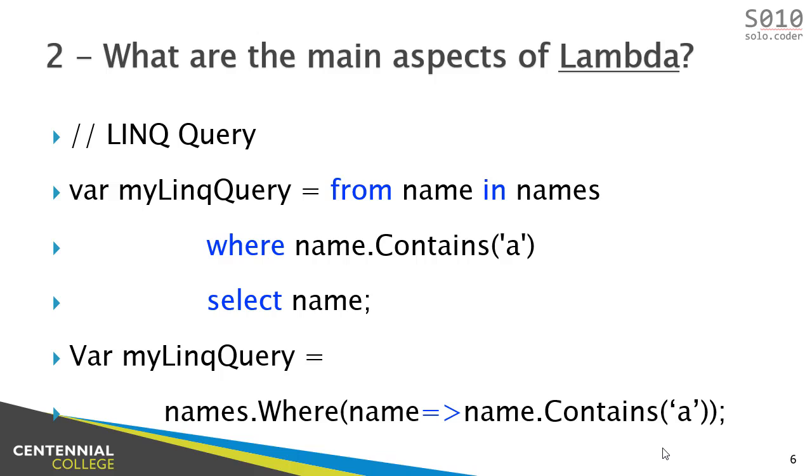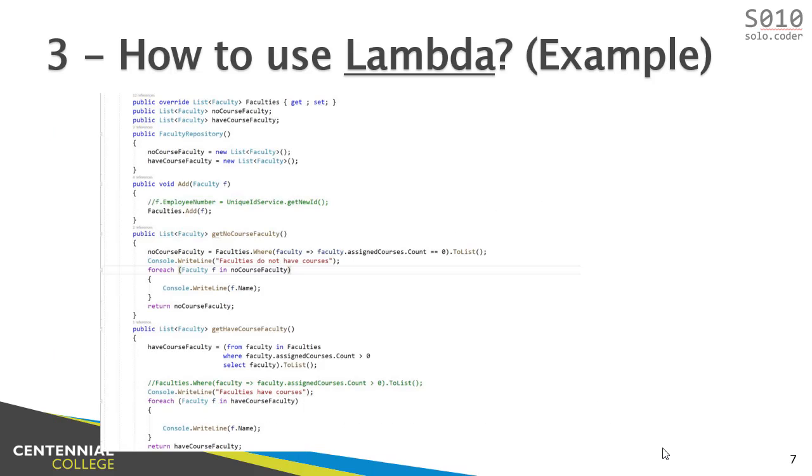We can say it's much easier and simpler. To use where, name, and this name is the, how to say it, argument. And this is the result. There's no return, because if you use a lambda expression, you don't need to write return here. Okay, good. So this is another example.